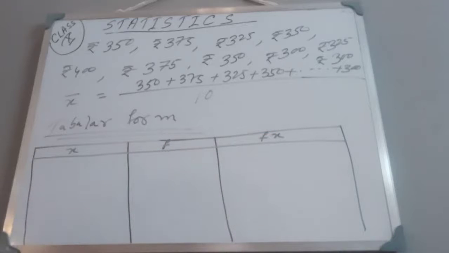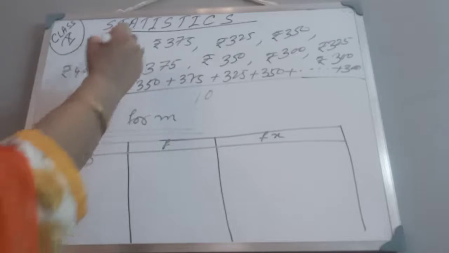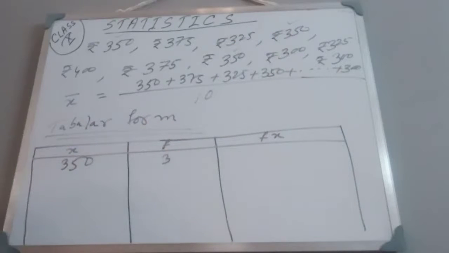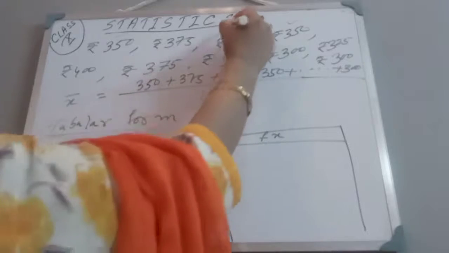Now 350, how many 350s are there? 1, 2, 3. So we will write here 3. Got it? Next, 325.